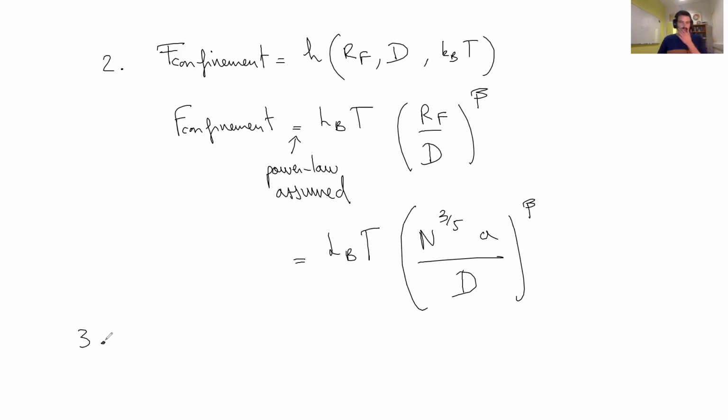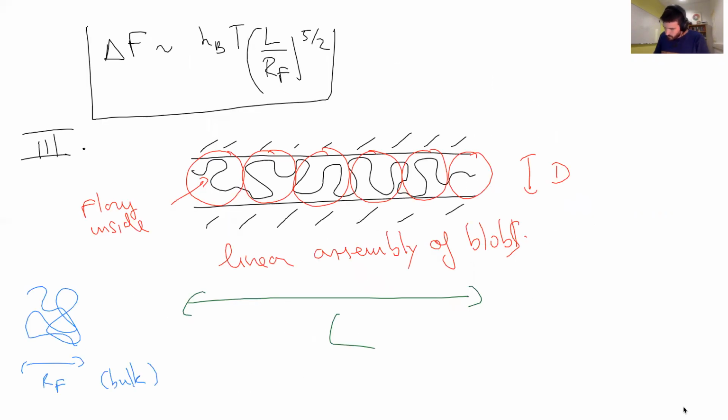So now we know that the blobs are independent objects, meaning that if I double the number of monomers, I will double the number of blobs in this situation. And I should double the free energy because blobs are independent.